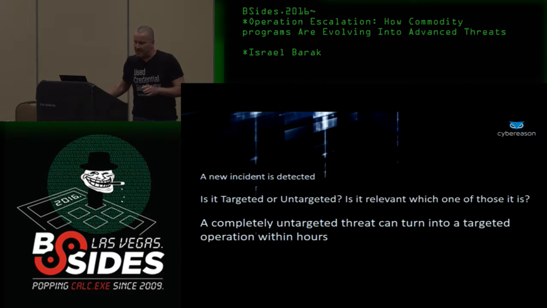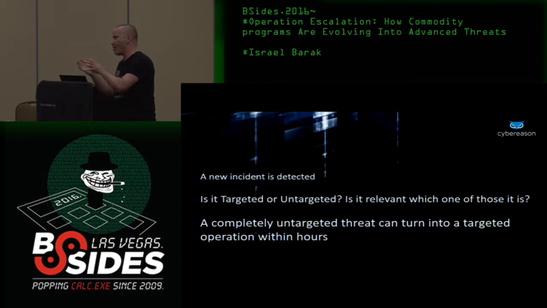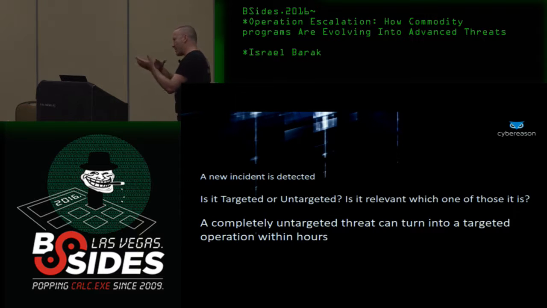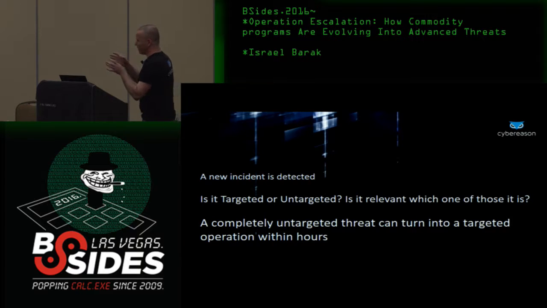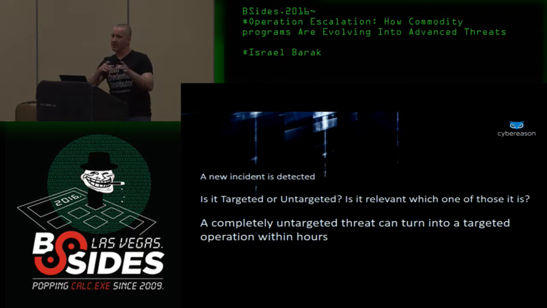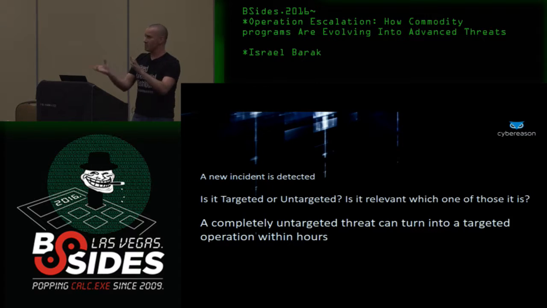But we're going to talk about how commodity malware can quickly transform into a very targeted operation, which can happen between hours and days from the moment of infection.